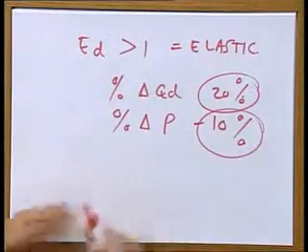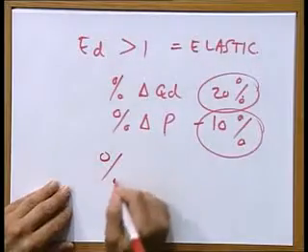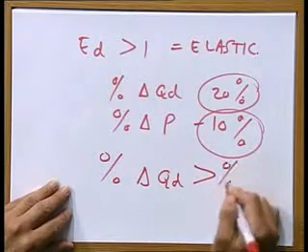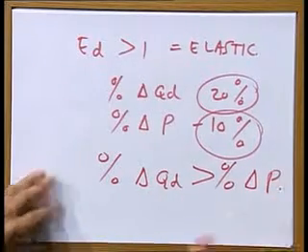So if ED is maybe equal to 5, or 6, or 2, it must be greater than 1. Then we say it's elastic. We can say here the percentage change in the quantity demanded is bigger than the percentage change in the price. So this is the first type of elasticity that we have, right?